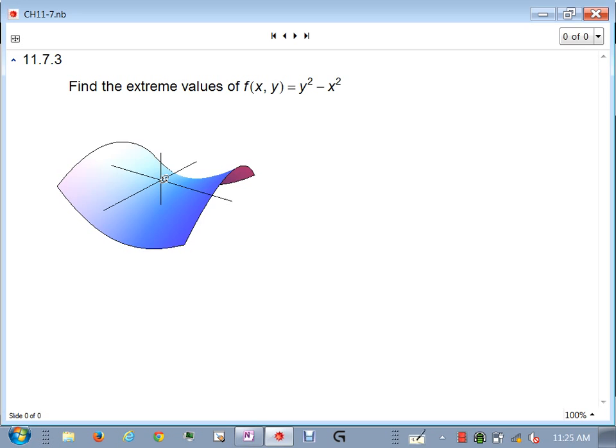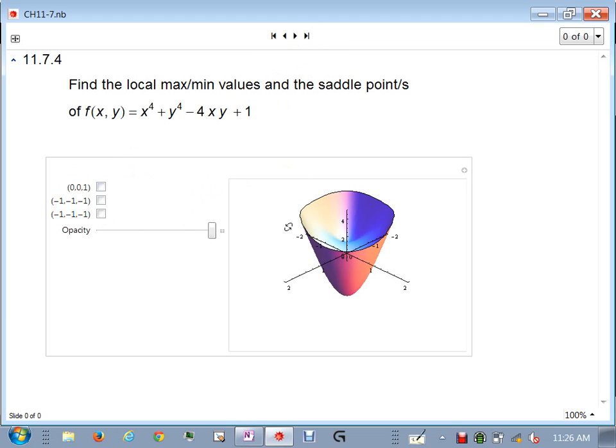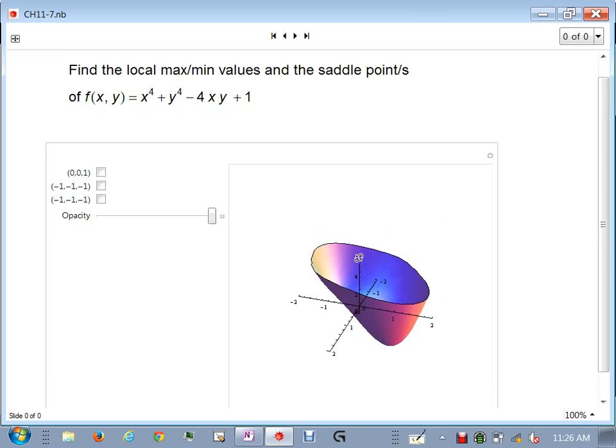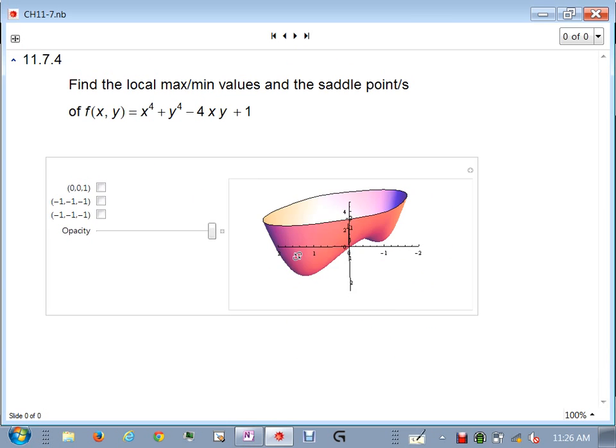So it's 0, 0, and then the third coordinate would be the z coordinate, which would be 0. Yes? Yeah, f of x, y. You're basically plugging in 0, 0 right here. On this one, as you can see here, the points that we're going to get are not going to be at the origin, okay?